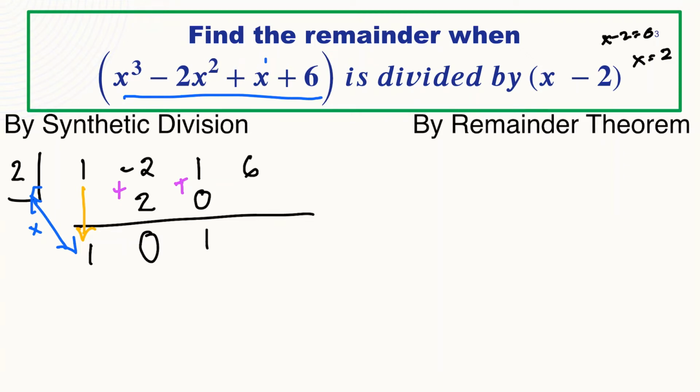And we're going to multiply 1 and the 2 here. So 1 times 2 will give us positive 2. If we add 6 and 2, that will give us 8. So this is the remainder when x raised to 3 minus 2x squared plus x plus 6 is divided by x minus 2.